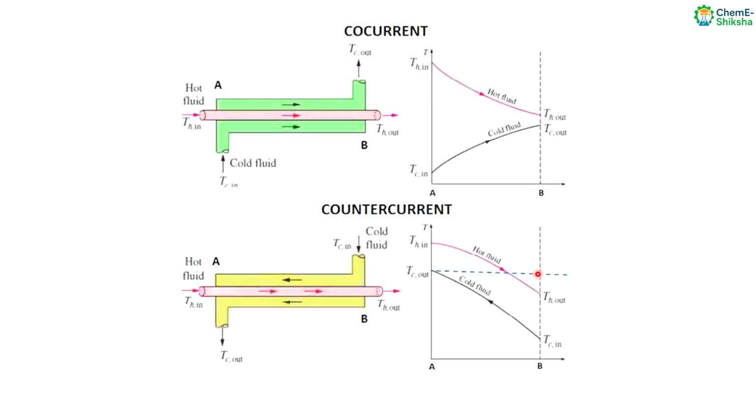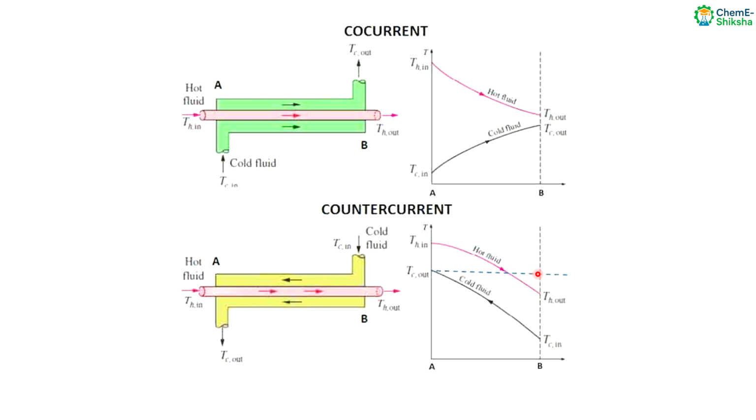So if AC equals AP, that means the heat transfer area for counter current flow equals the heat transfer area for parallel flow, then you can see that QC will be more than QP, that is, the heat transfer for counter current flow will be more than the heat transfer for parallel flow.